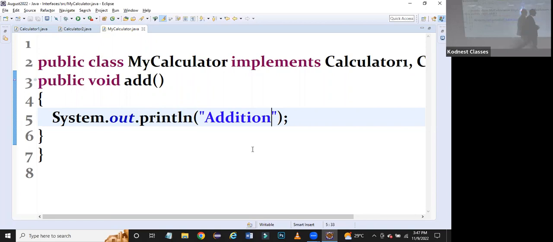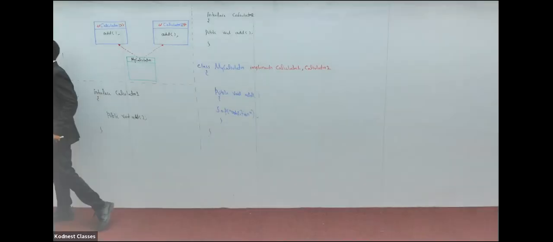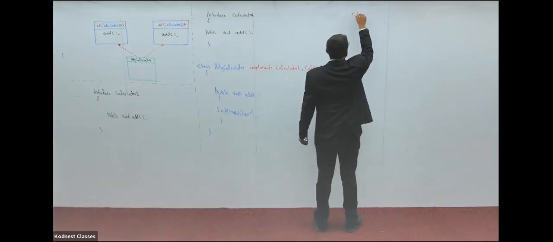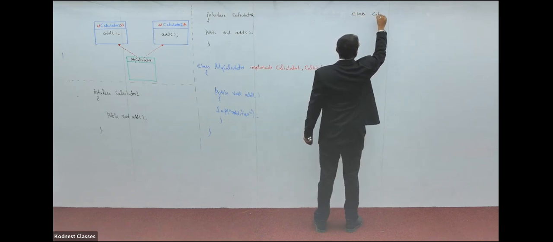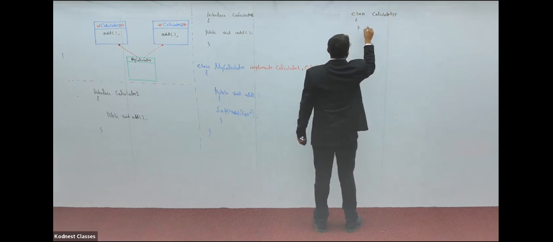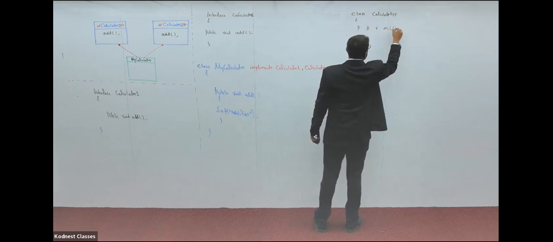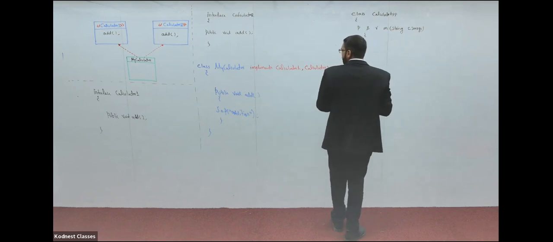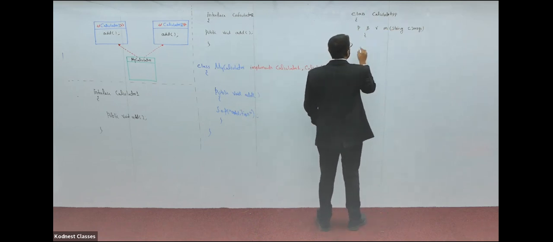Oh, if it does not have any error, then I will continue the code like this. I will have a class called CalculatorApp. Because it is not giving me any error, I am continuing. I have a class called CalculatorApp, public static void main, which would accept String[] args as the parameter. Inside the main method, I'll create the object of MyCalculator.